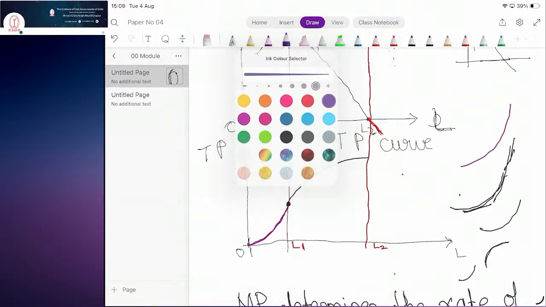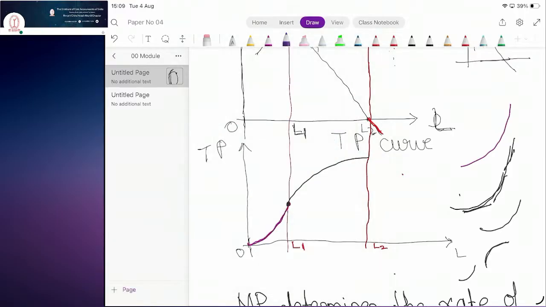Okay, so let's check this. This is the point. From here on, just get it down like this. This is the point of maximum, after which output started falling. When marginal product of labor becomes negative, total output is decreasing.